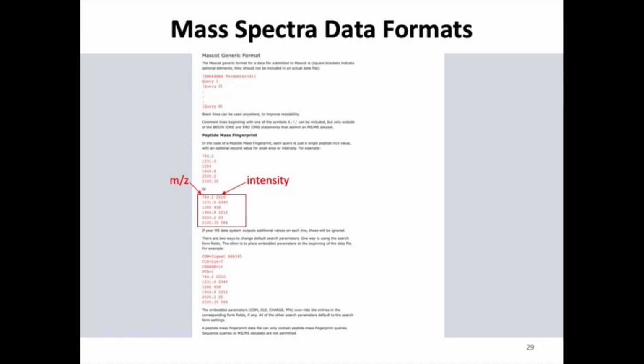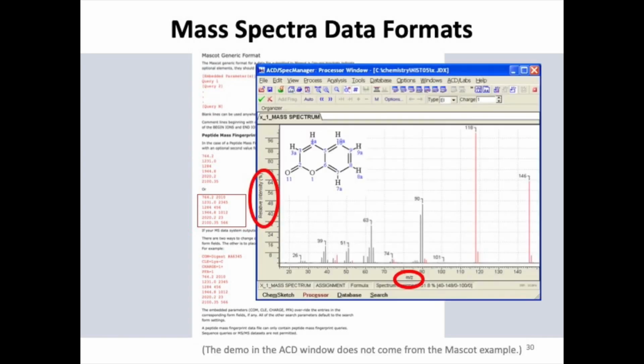The example I highlighted here has two columns. The first column are m/z values of the peaks, and the second column are the intensity of the peaks. You may have known that for a peak list, as shown in the window, the x-axis is always m/z value, and here the y-axis is relative intensity.